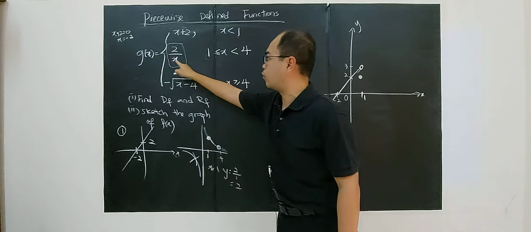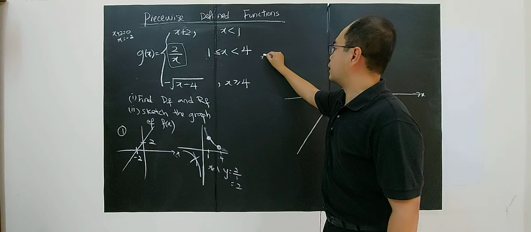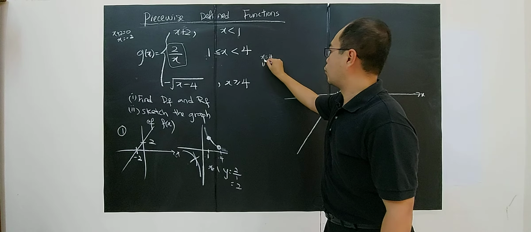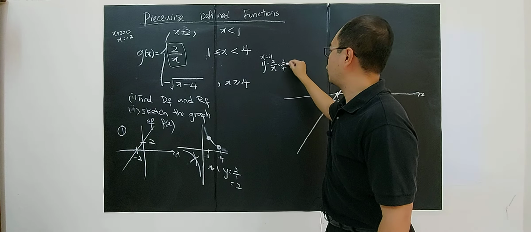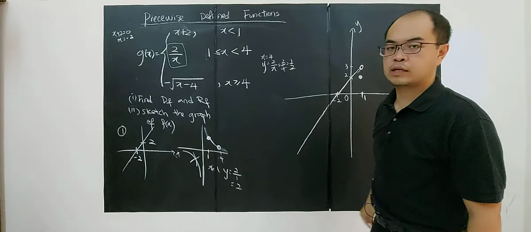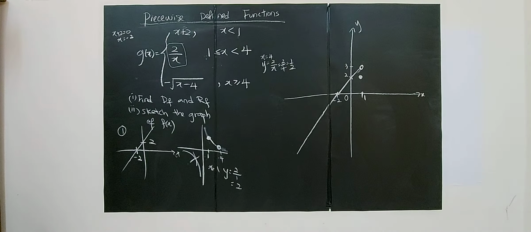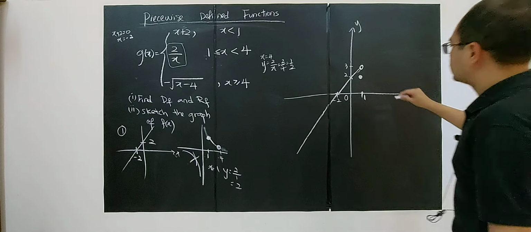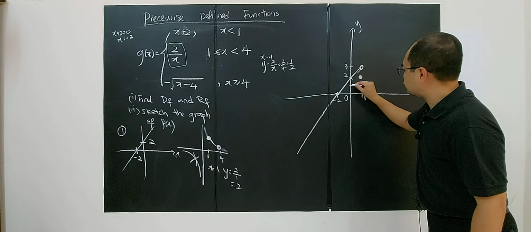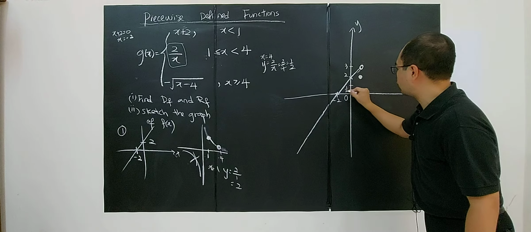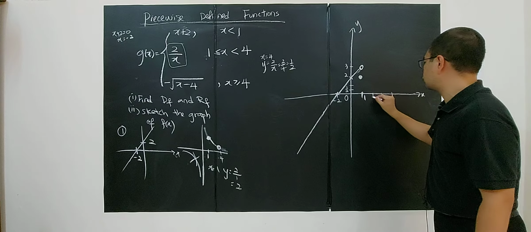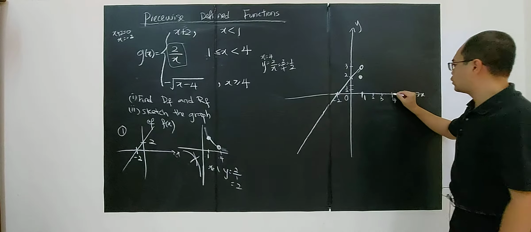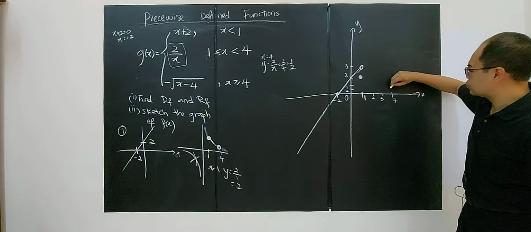What happens at 4? When x is 4, y will be 2 over x, which is 2 over 4, which is 1 over 2. So during 4, it will be 1 over 2 here.